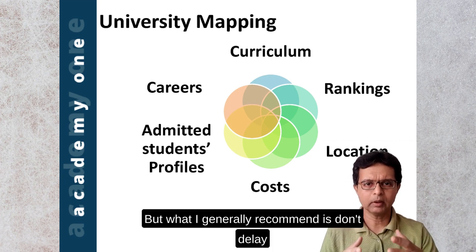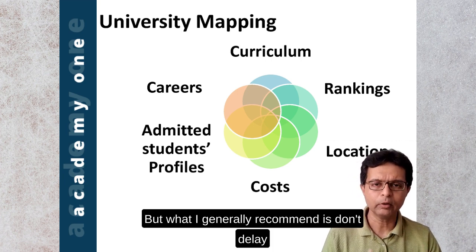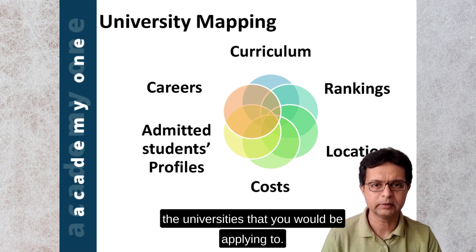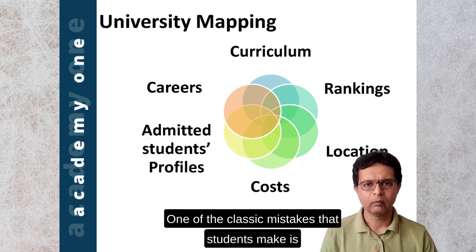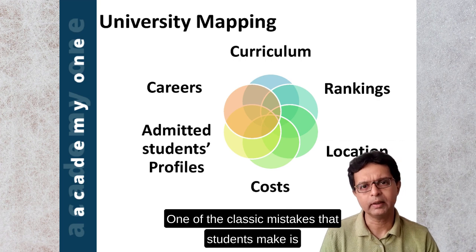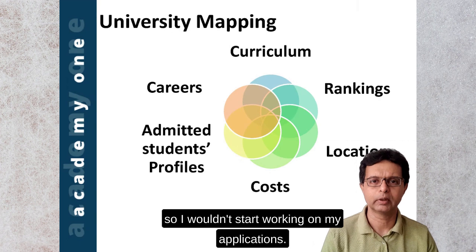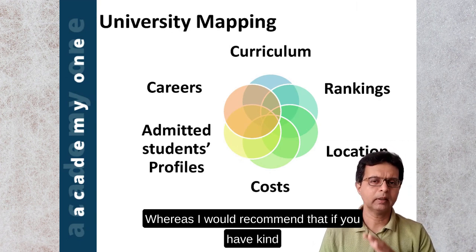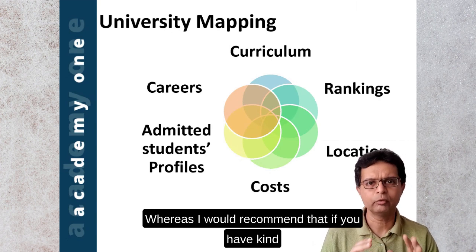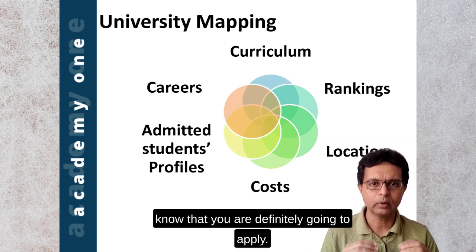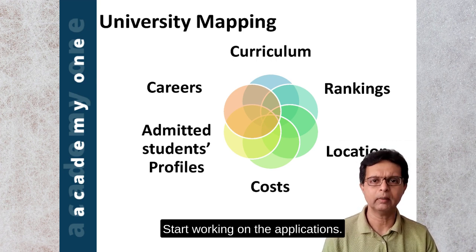But what I generally recommend is, don't delay your application just because you haven't identified all the universities that you would be applying to. One of the classic mistakes that students make is that they say, okay, I haven't identified the universities, so I won't start working on my applications. Whereas I would recommend that, if you have identified even one university, or at least you know that you are definitely going to apply, start working on the applications.